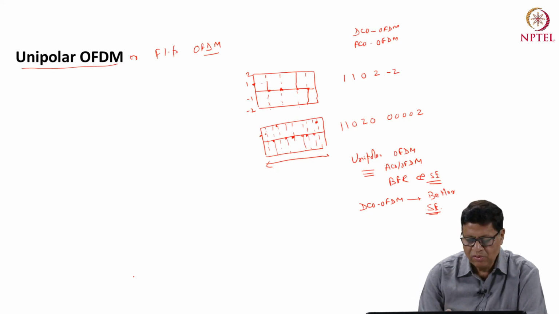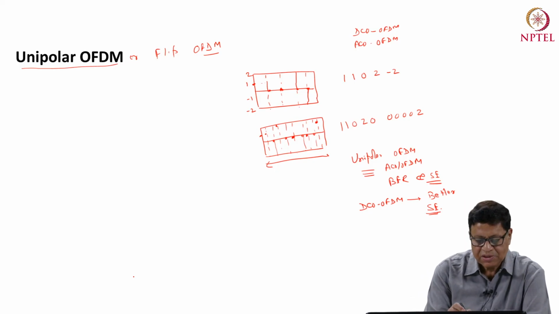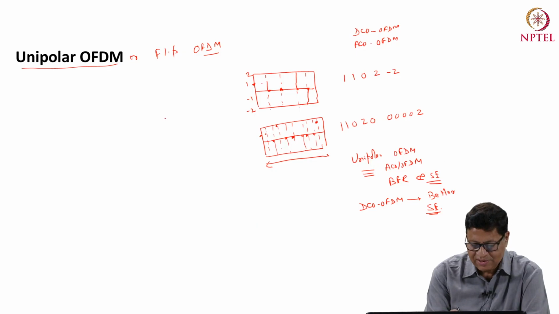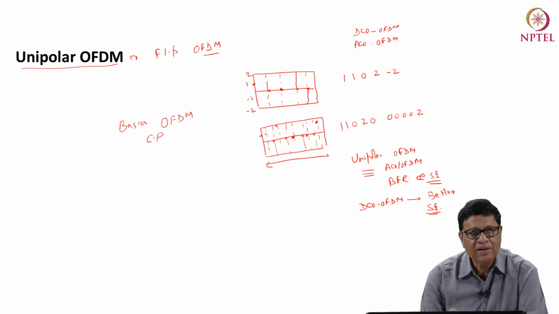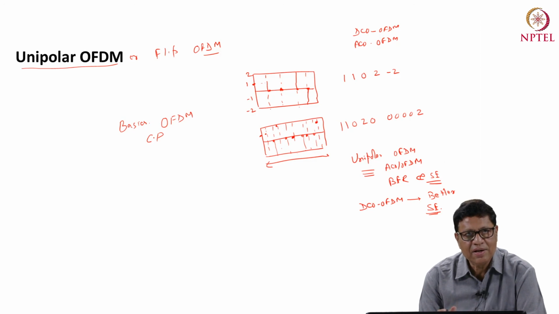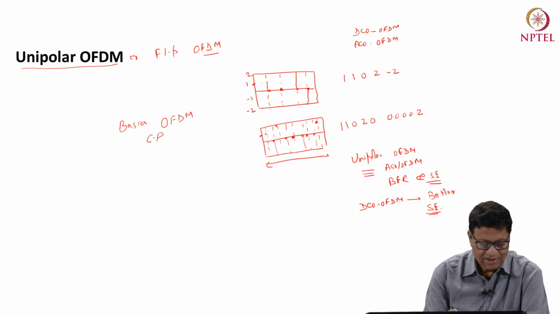So in the whole discussion on OFDM, we have studied some basics of OFDM. We also understood the addition of cyclic prefix and how we are able to make a frequency selective channel into a flat channel.